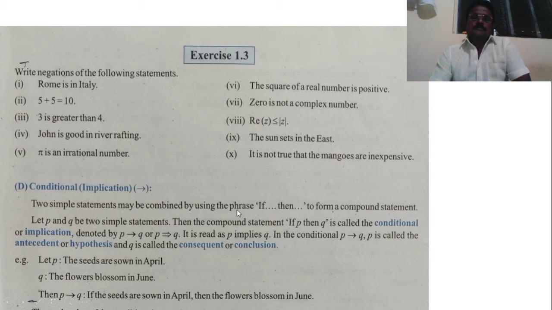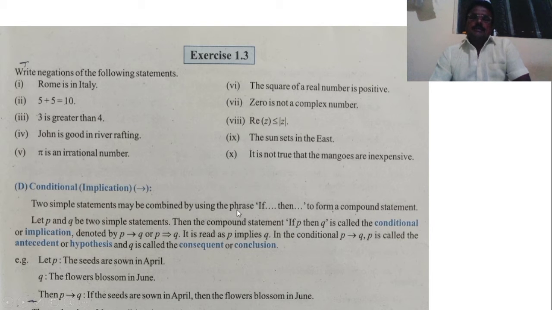Number 7. Simple statement P: 0 is not a complex number. Then negation of P: 0 is a complex number.